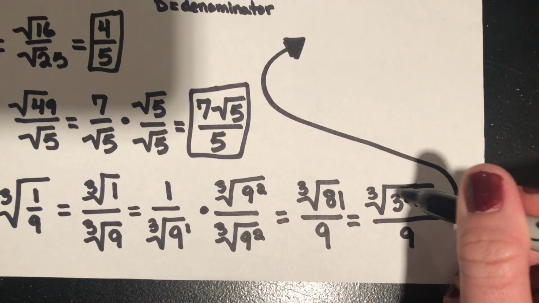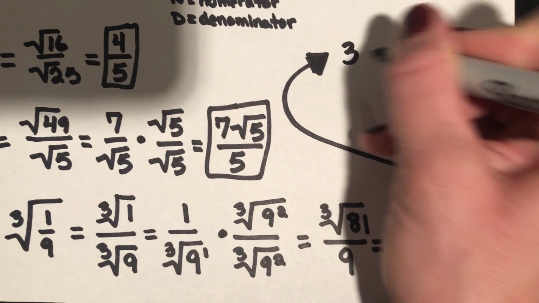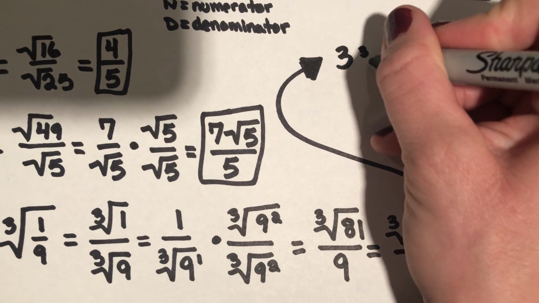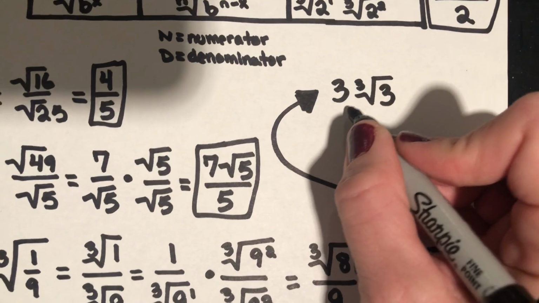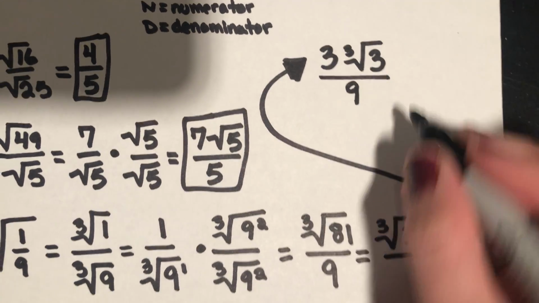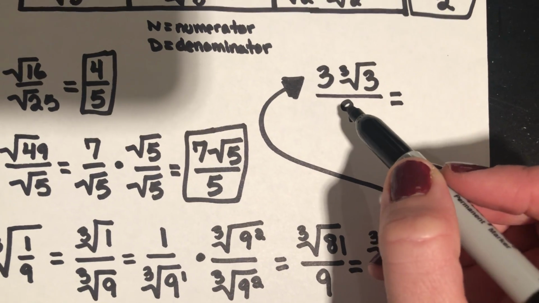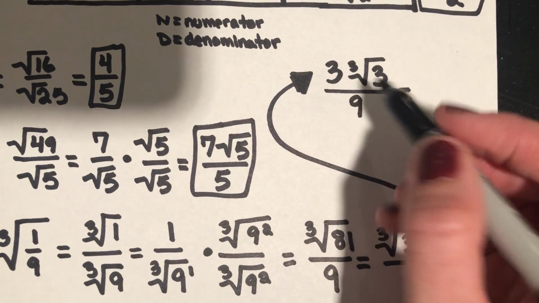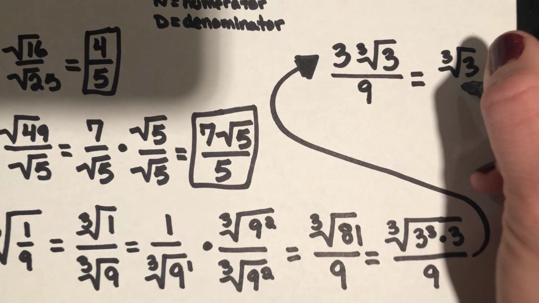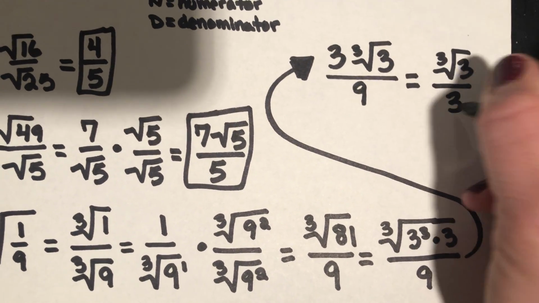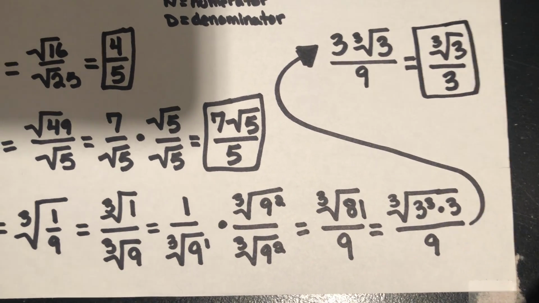Well, 3 divided by 3 is 1. So we have 3 on the outside. Cubed root of 3 left over. And this is all divided by 9. Our last simplification step is 3 divided by 9 can simplify because 3 divided by 3 is 1. So this is left with 3 root 3, and 9 divided by 3 is 3. And that is our final answer.